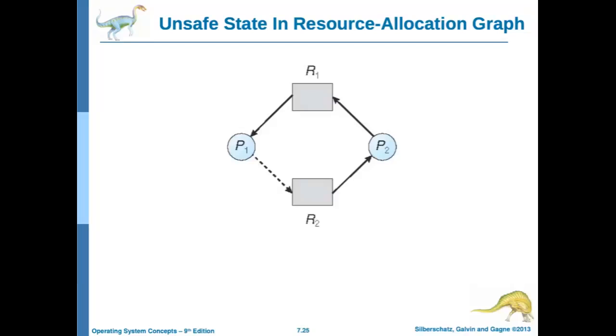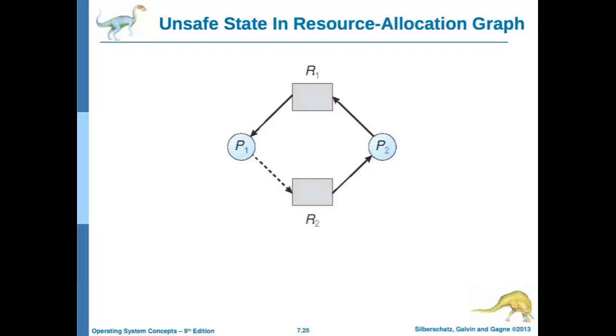Now, if we convert this claim edge, what is the claim edge here? It is the edge from P1 to R2. This is the claim. If we convert this claim to a request, what will happen is this results in a loop. This is a perfect condition for circular waiting. P1 is holding R1 and waiting for R2, and P2 is holding R2 and waiting for R1.